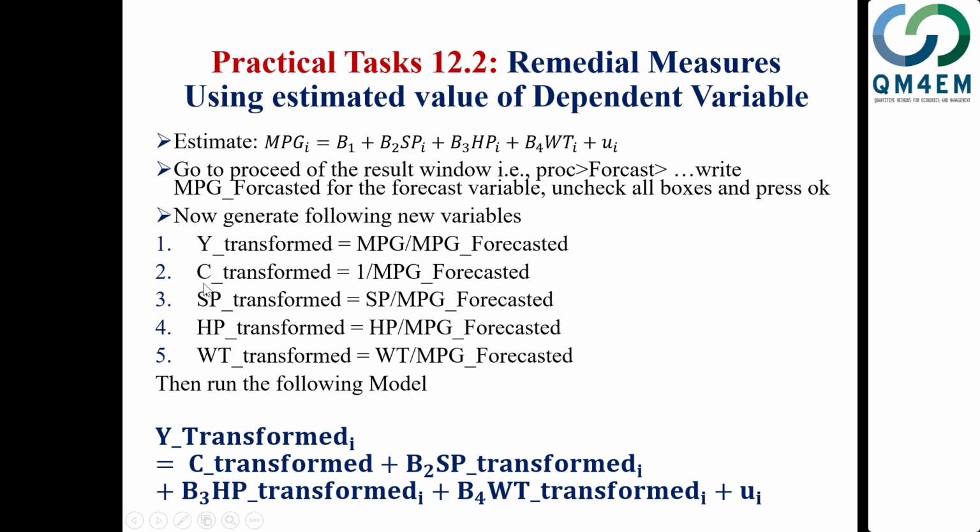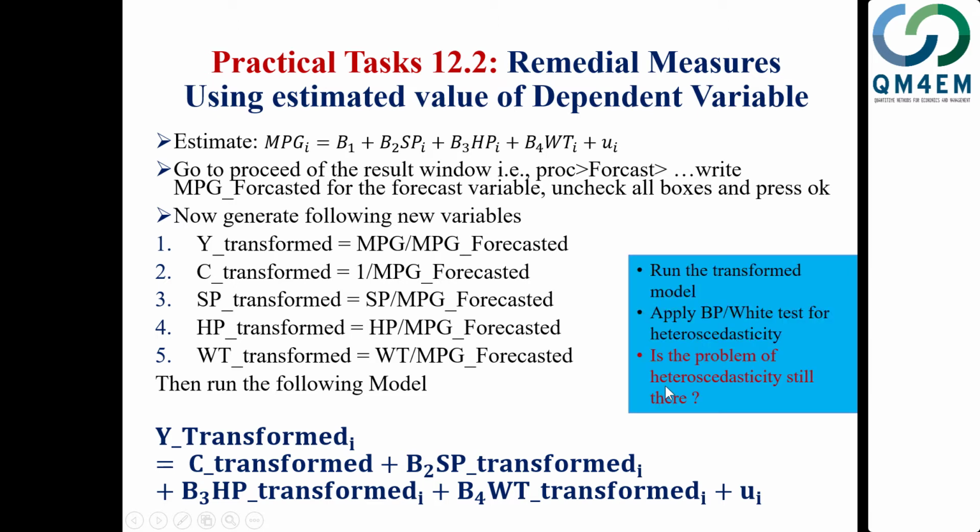However, you were also told to create the transformed constant term by taking the reciprocal of the forecasted value of the dependent variable, for the reason explained in detail in the previous class. Then you were asked to run this model making sure that you do not include the constant term C when applying this in Eviews, because the transformed C is already in the model.